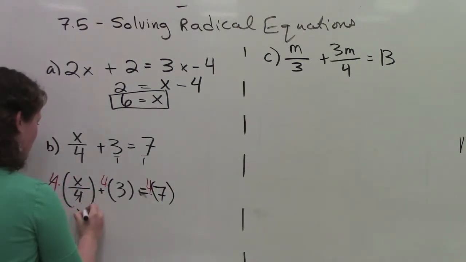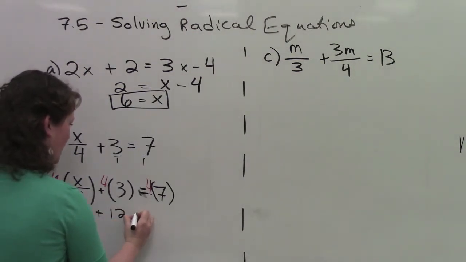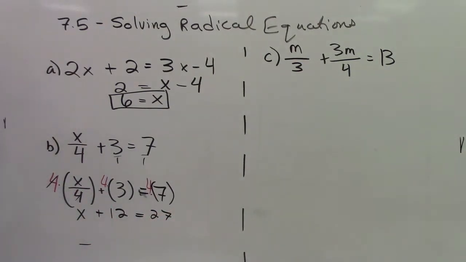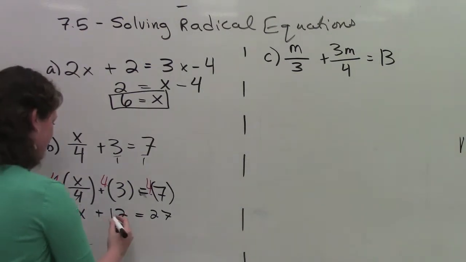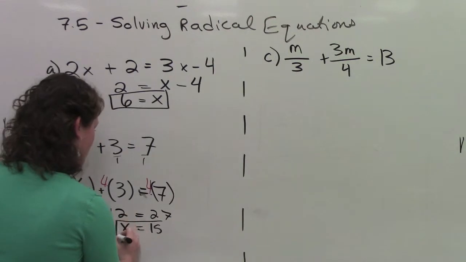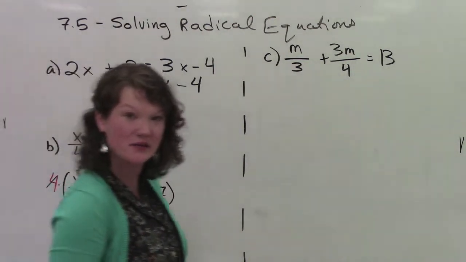This becomes x plus 12 equals 27. Subtract 12 from either side. x equals 15. And put a box around it and we're done.